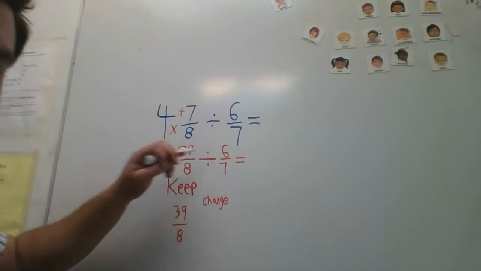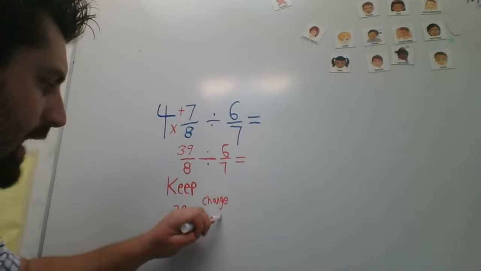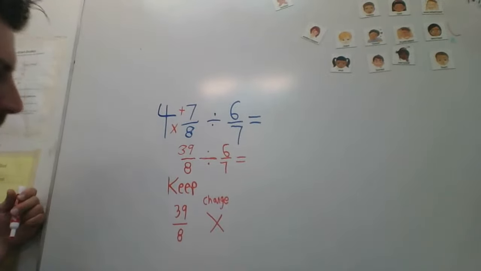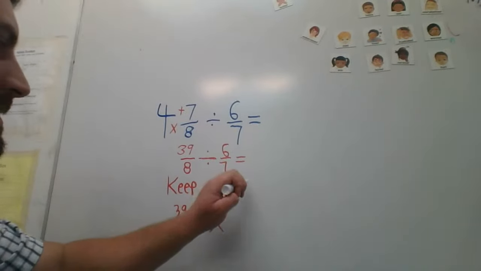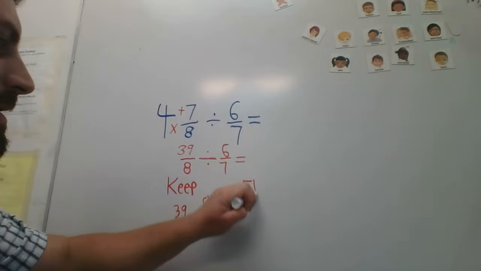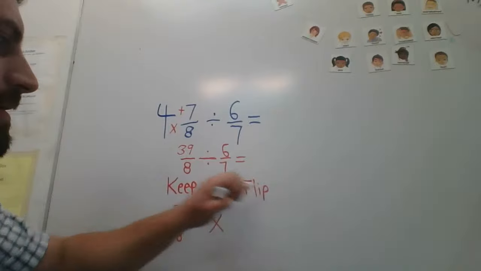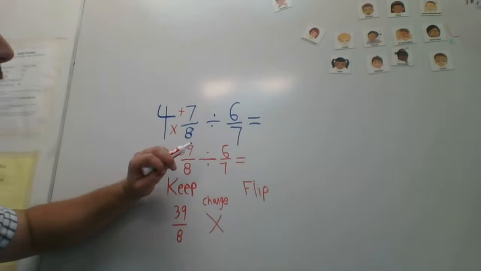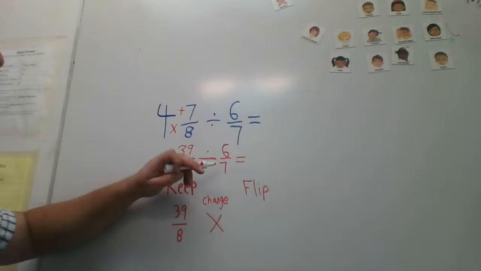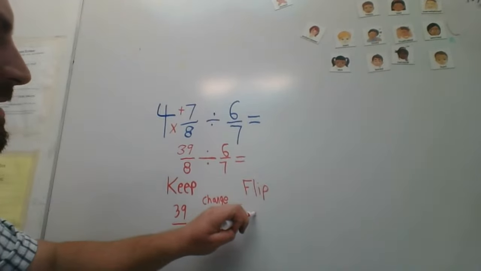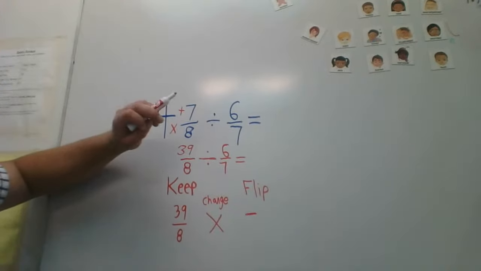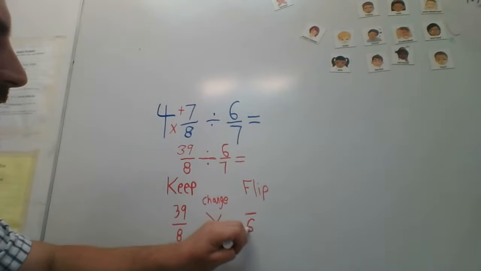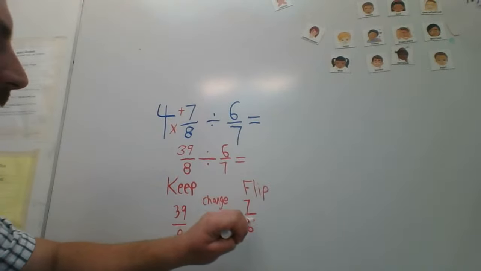We are changing the division sign to a multiplication sign. Flip. We are flipping 6 sevenths. The numerator becomes the denominator, and the denominator becomes the numerator.